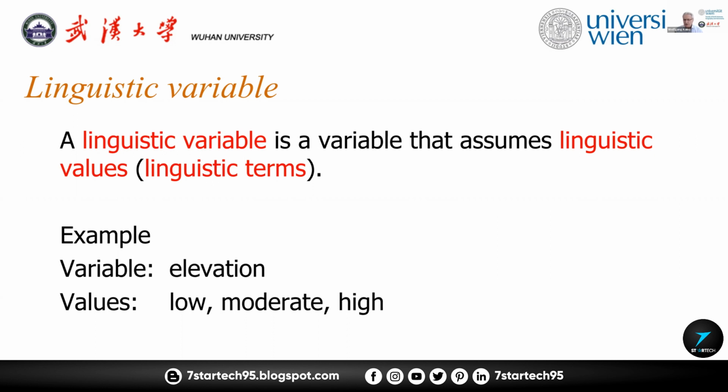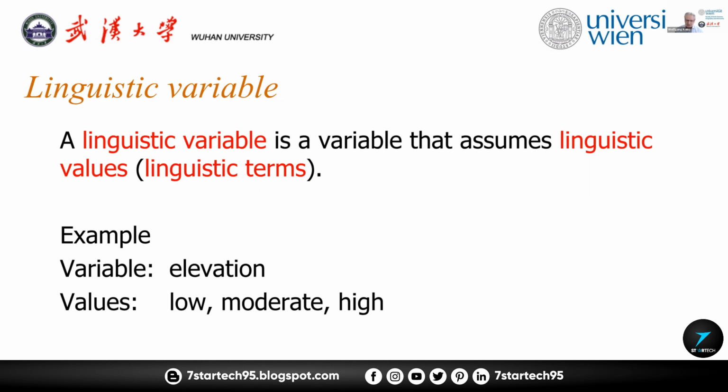Or when we talk about slope, we could say slope is the variable, and we have two values, flat and steep, flat slope, steep slope. So that's the concept of a linguistic variable and their values.